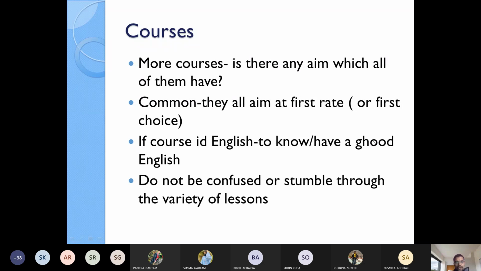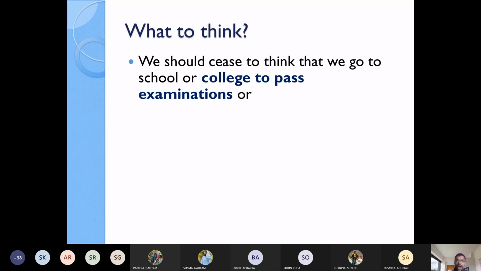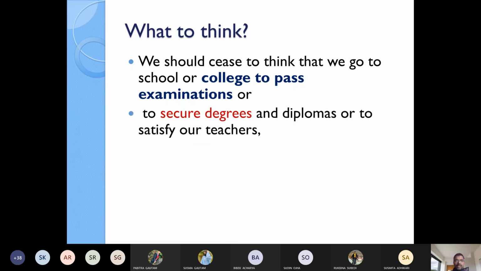Now, do not be confused and stumble through the variety of lessons. What to think? We just now read that we should stop thinking that we go to school or college to pass examinations or to secure degrees or diplomas or to satisfy our teachers.